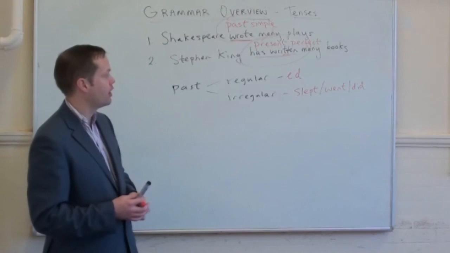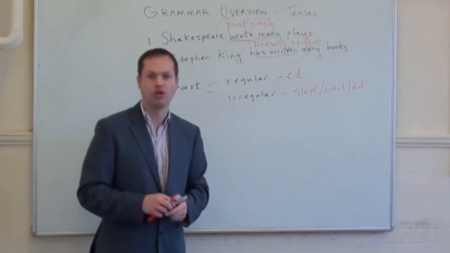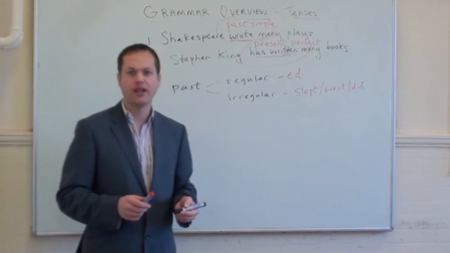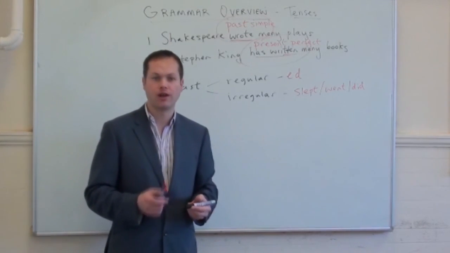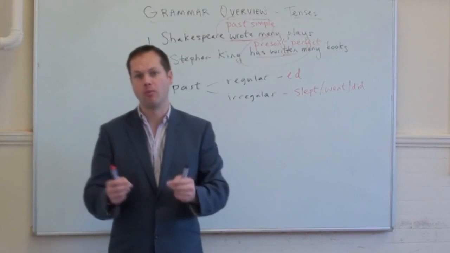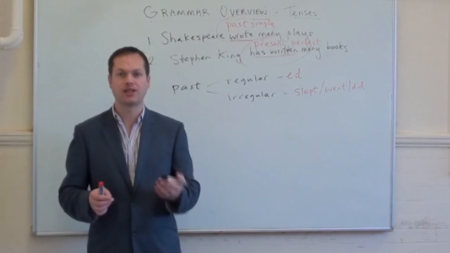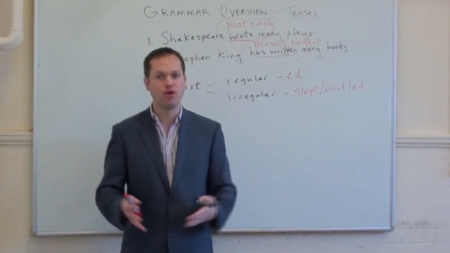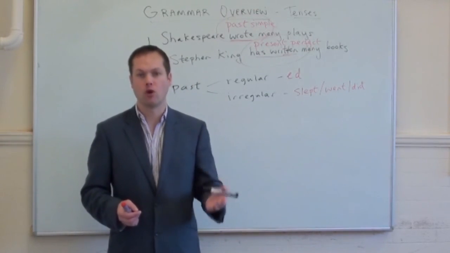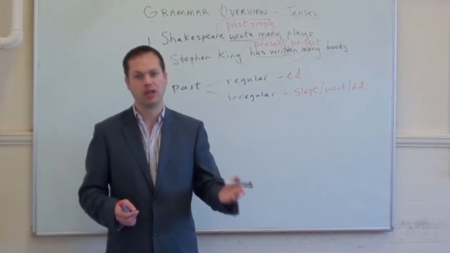The other area I'd like to look at with number 2 is the construction of the present perfect. Now, in English, the verbs in English have three main parts. First, we have the basic verb. It's sometimes known as the stem. It's just the verb with no changes. Things like go, do, stop, listen, speak.